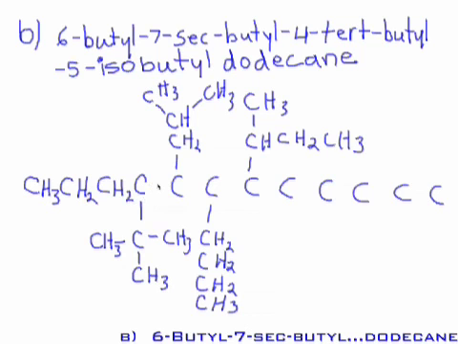But when a carbon has 3 carbons attached to it, it only gets an H. Okay, so there you have the structure for 6-butyl, 7-sec-butyl, 4-tert-butyl, 5-isobutyl dodecane.